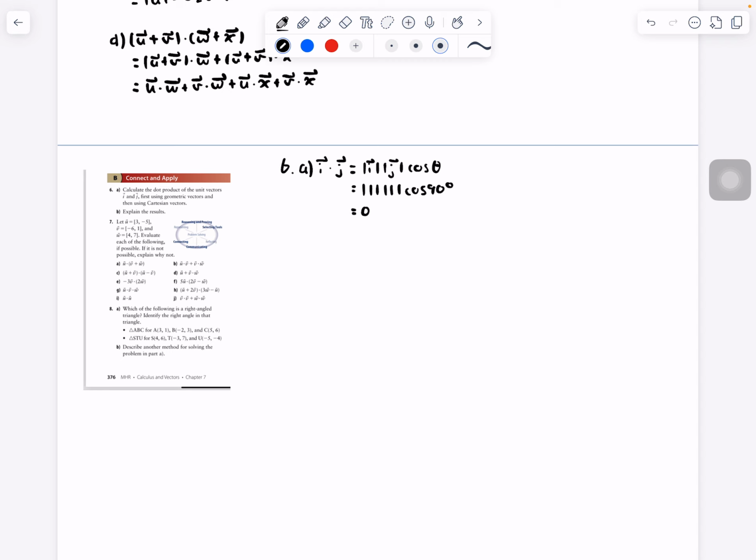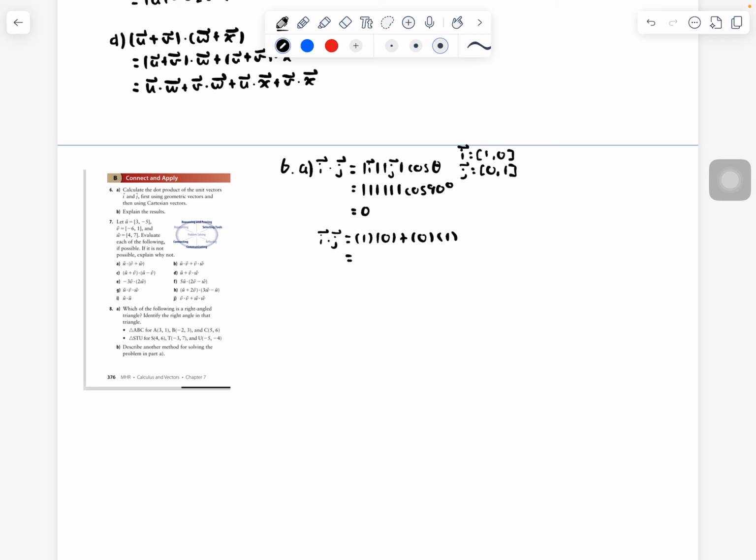And then for the Cartesian dot product, sorry, i dot j, we get 1 times 0 plus 0 times 1. Because remember that i is equal to the vector 1, 0, while j is the vector 0, 1.